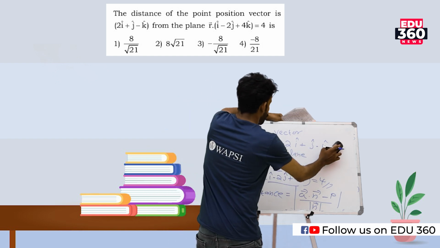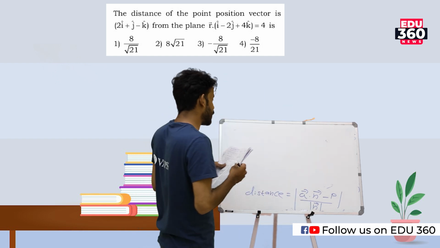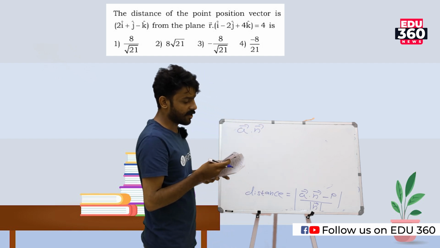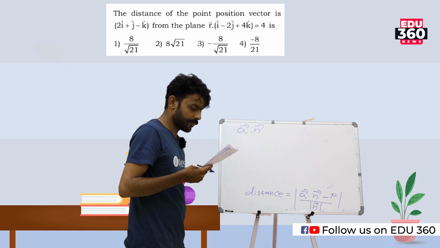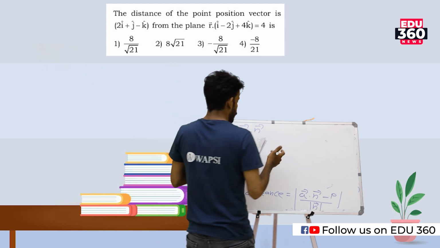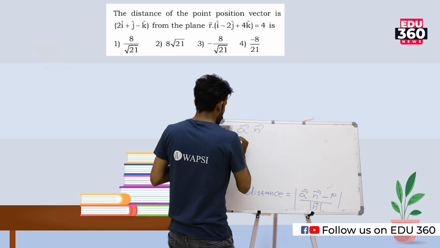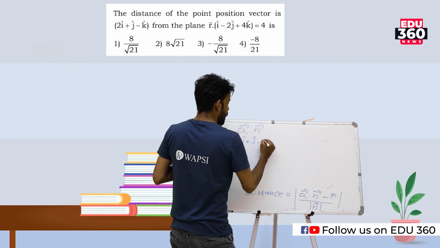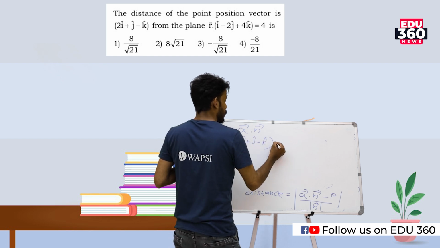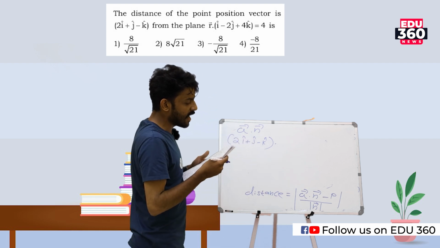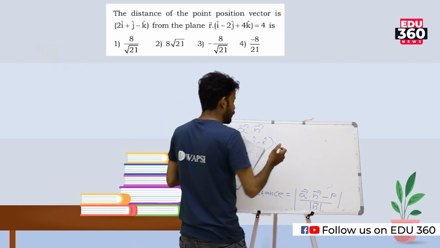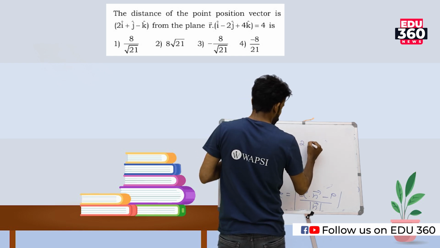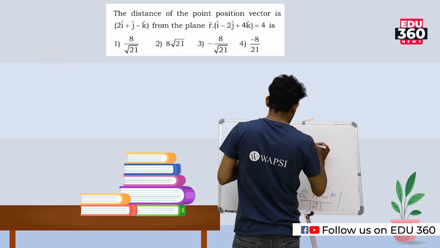Here we can substitute the values. First of all, we can write A vector dot n vector. This is a dot product. A vector is 2i cap plus j cap minus k cap, into n vector, which is i cap minus 2j cap plus 4k cap.